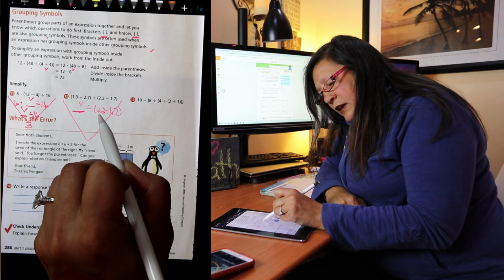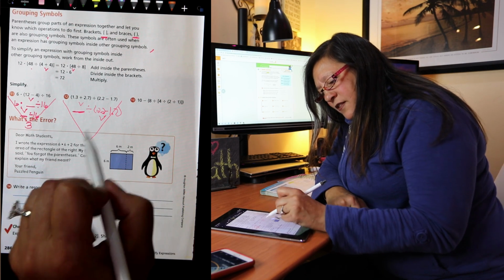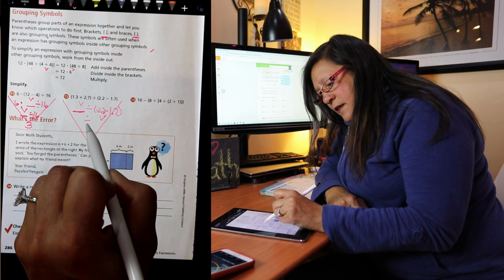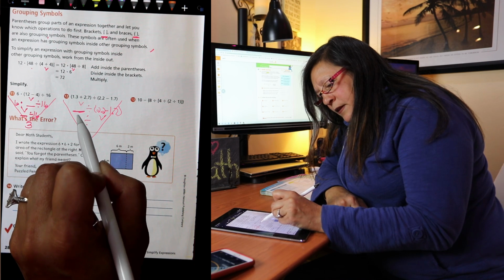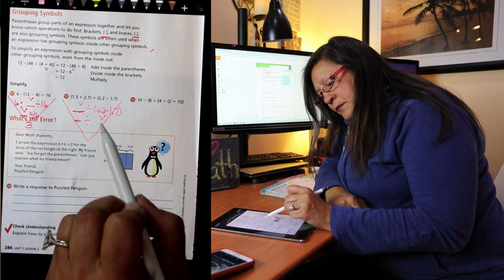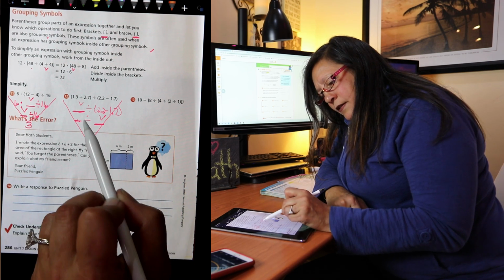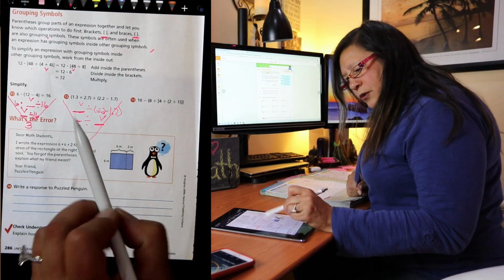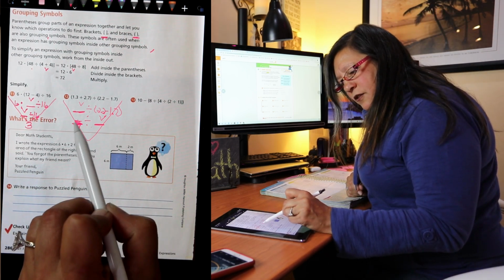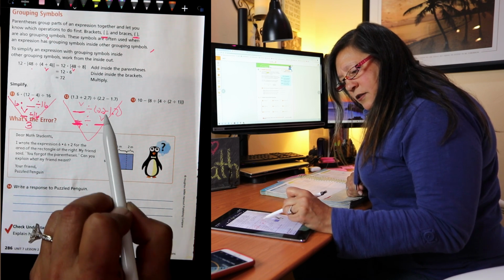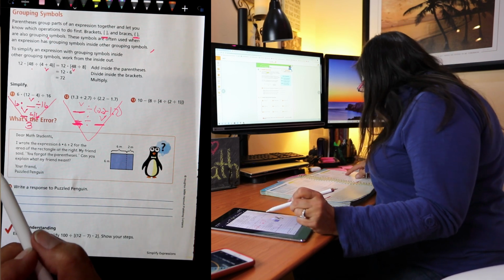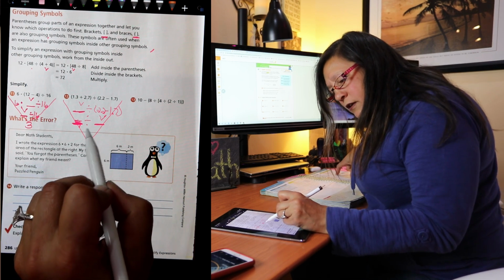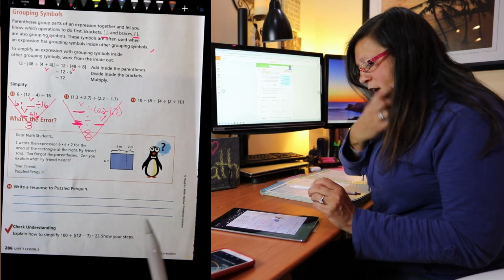Now I'm going to do the next set of parentheses. Okay. Bring your answer down. Okay. And then you can do your final operation, which is taking this answer divided by the answer that you got in the second set of parentheses. And then you should end up with 8 as your final.